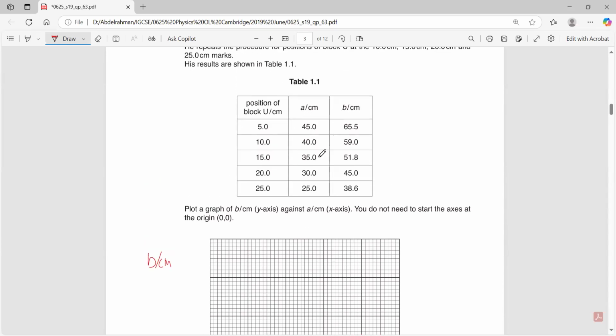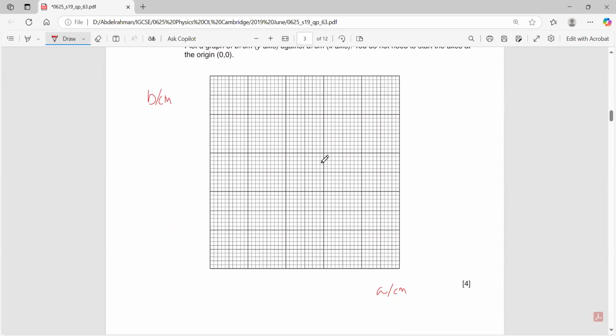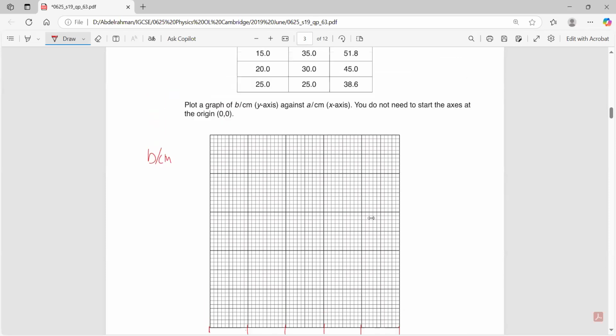A is 45, 40, 35, so we can start with 25 on the x-axis: 25, 30, 35, 40, and 45. If you want to start with 20, it's okay, all the way up to 50.